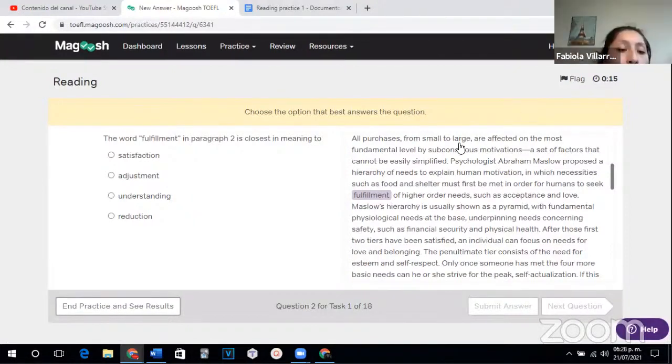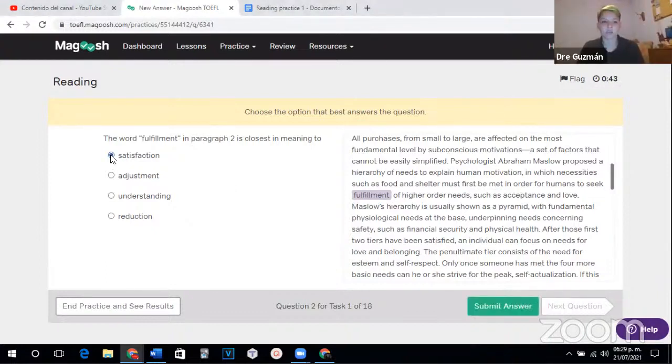Okay, the word fulfillment in paragraph 2 is closest in meaning to, maybe, satisfaction. Right. Why do you think it's satisfaction and not, for example, adjustment?